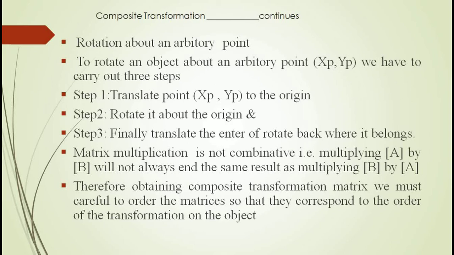In performing the rotation in composite transformation, the first step is to translate point (xp, yp) to the origin, that is, the original point is moved to the origin. Then rotate it about the origin through some angle theta, and finally translate the center of rotation back where it belongs.